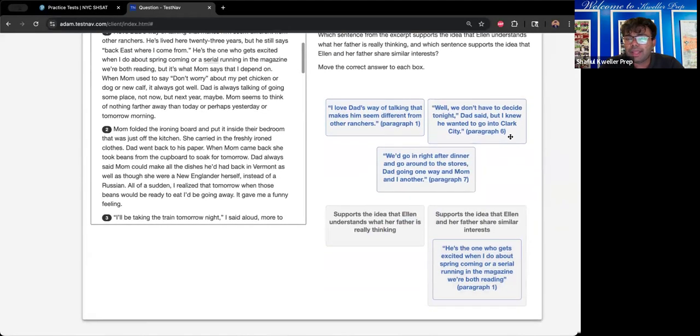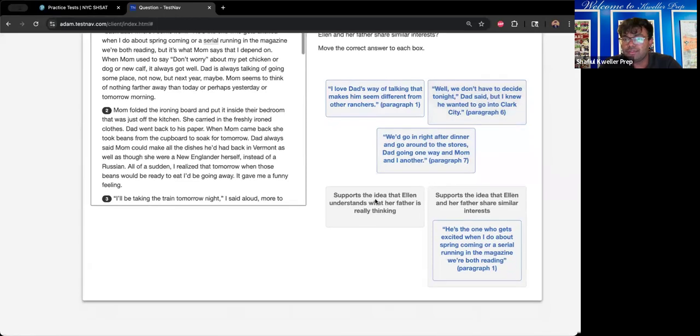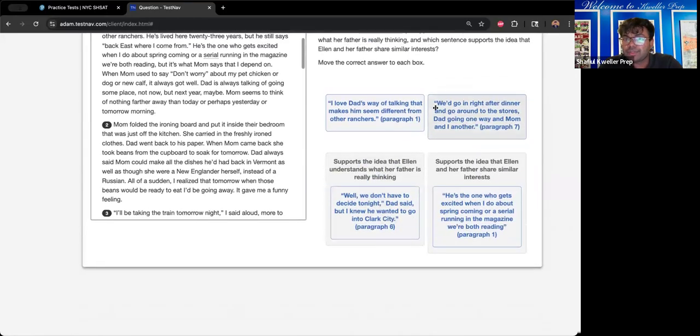Okay. And then, "Well, we don't have to decide tonight, but I knew he wanted to go to Clark City." So this is her dad saying something, and then she recognized what he wanted to do. That's quite literally verbatim this, right? It supports the idea that Ellen understands what her father is thinking. So it should be this. And then the last one, "We'd go in right after dinner and go around to the stores, Dad going one way and Mom and I another."